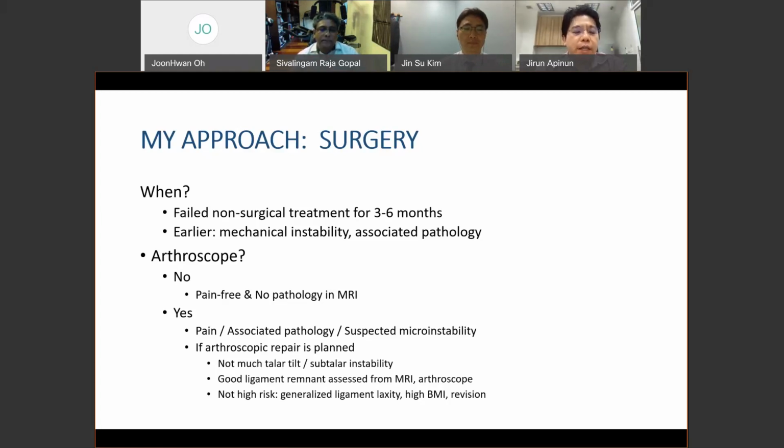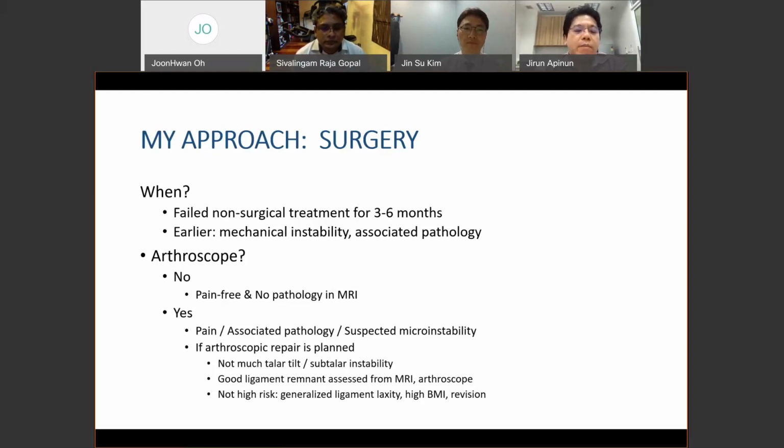However, I am really selective for the patient with the arthroscopic repair. I choose the ones without much laxity and with no subtalar instability, because arthroscopic repair can repair only the superior fascicle of the ATFL.